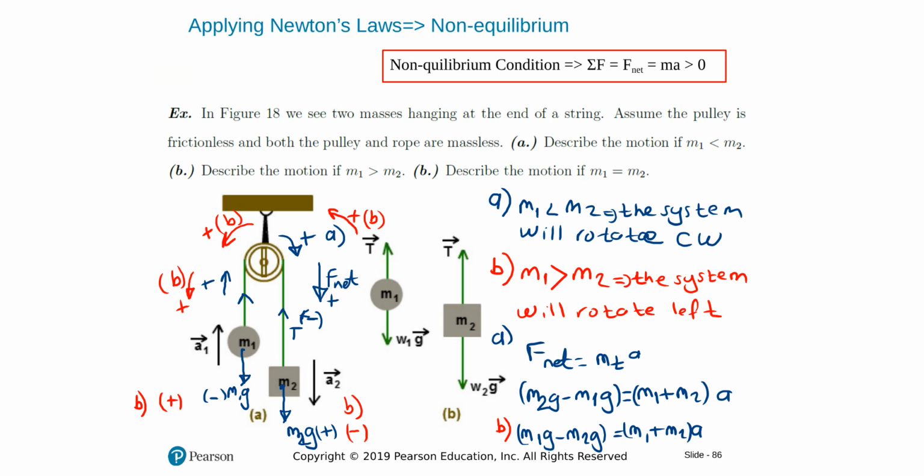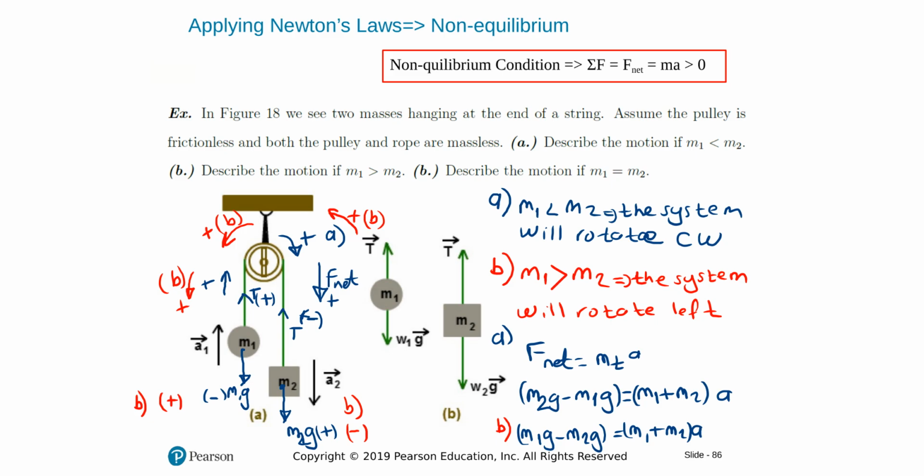Down is positive here, so this is negative. On the left, tension is also up, but on the left, up is positive. So I have tension in two directions, one positive, one negative. I could add them, and they will cancel. T minus T. The same will happen here. So when I'm considering the whole system, I don't include T because of that. I just look at the masses.